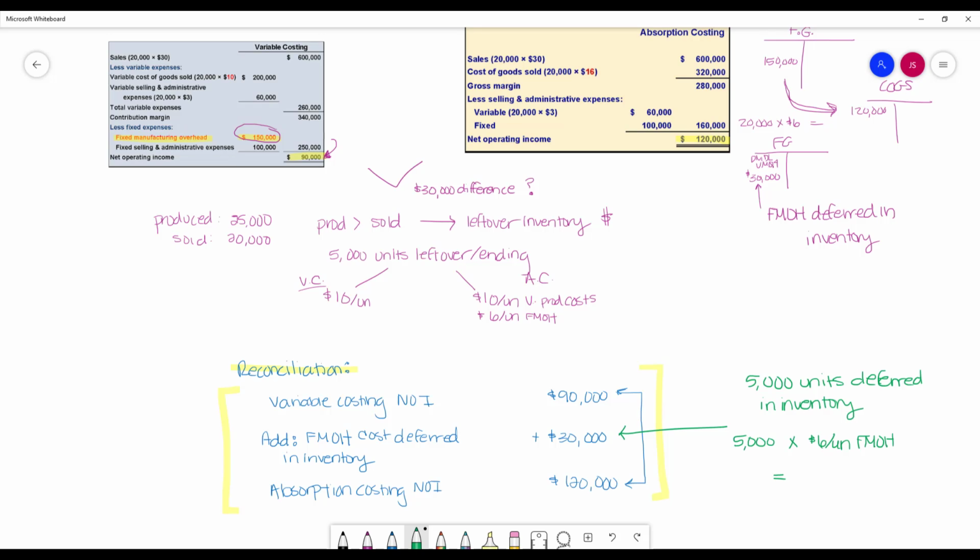So 5,000 units times $6 of fixed manufacturing overhead per unit gives us a total of $30,000 of fixed manufacturing overhead cost deferred in inventory.